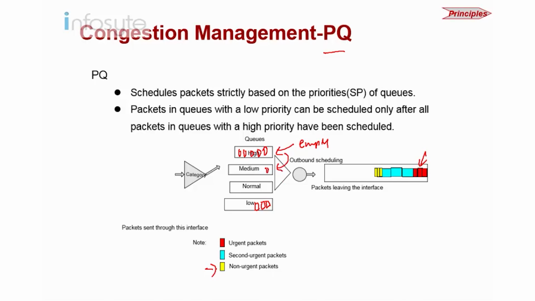And if the medium is empty, then only will it go to normal and finally to low. Assuming the high queue here is still not empty, I have to finish scheduling before I go down here. So there will be a case where packets in a low priority queue will suffer starvation. In other words, they will be waiting there too long, and at the end of the day they will time out. Even though you later schedule it to go out, it will be useless. So that is priority queuing.